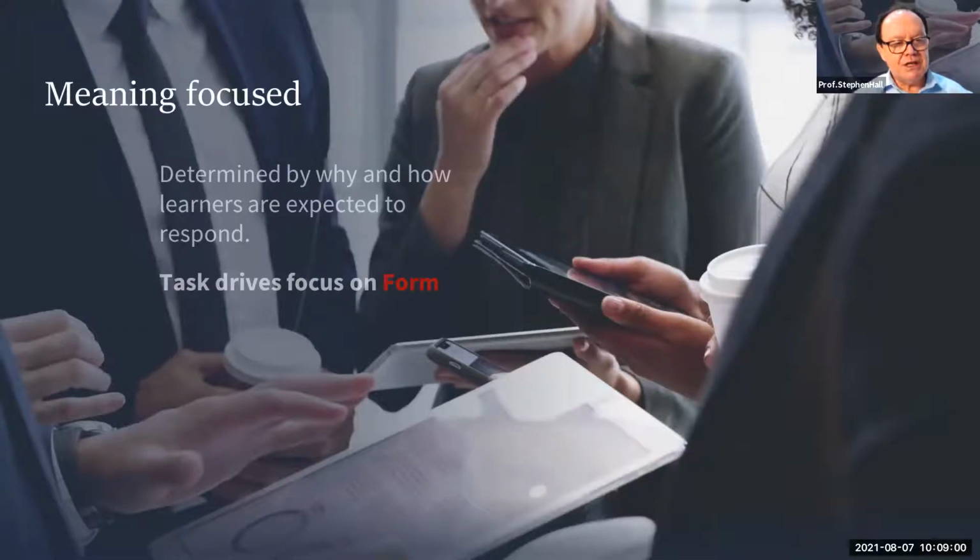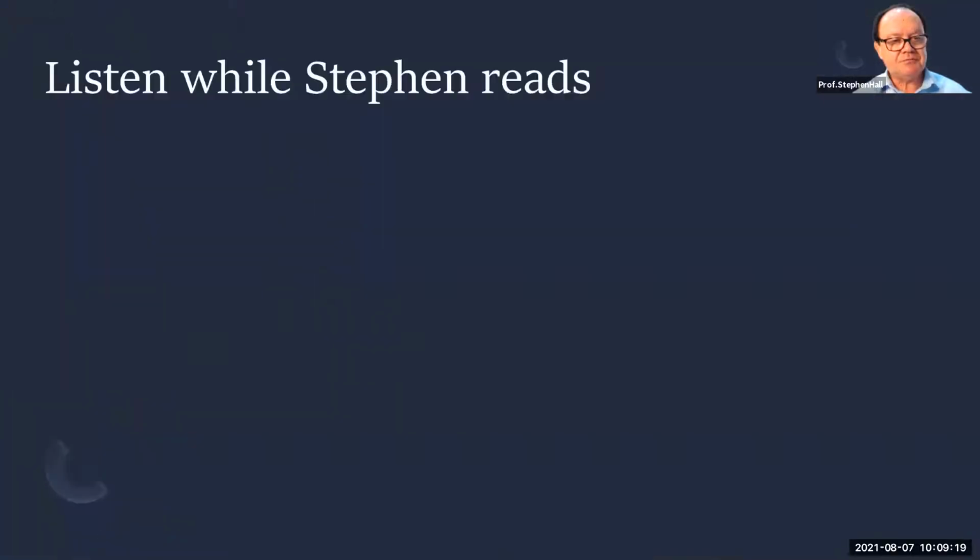So, is it meaning focused when they're learning a word? Or is it the form? And really we need both. So we couldn't get that was a wedding bouquet because we didn't understand the characters or the form. So the form is important as well as the meaning.